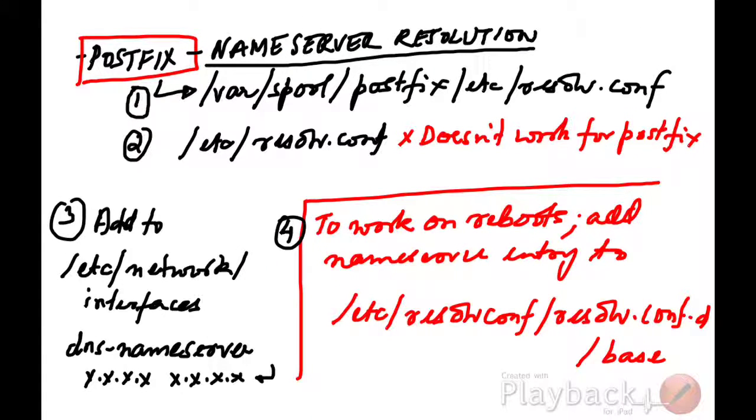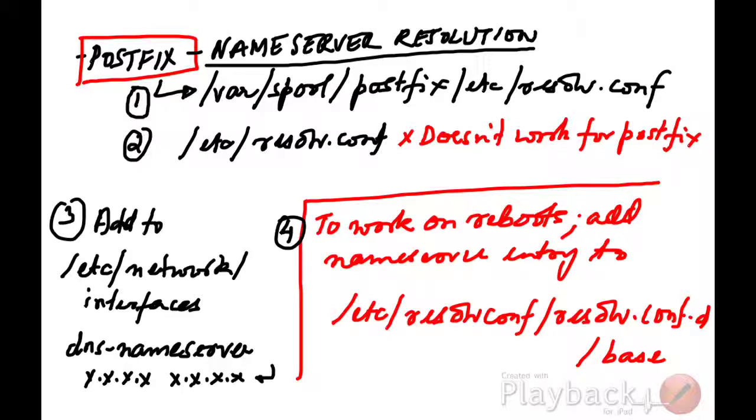One very important factor we need to take care of is that postfix requires you to have DNS properly set up so that it can resolve names. So you need to make sure that the name resolution done by postfix has the name server included.